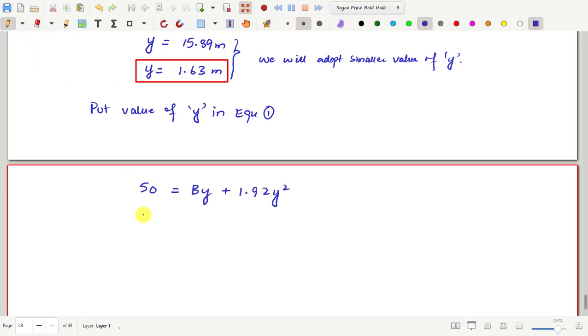So 50 is equal to B into 1.63 plus 1.92 into 1.63 whole square. Solve this for B and you will get the value of B. B is equal to 27.53 meters. Done.